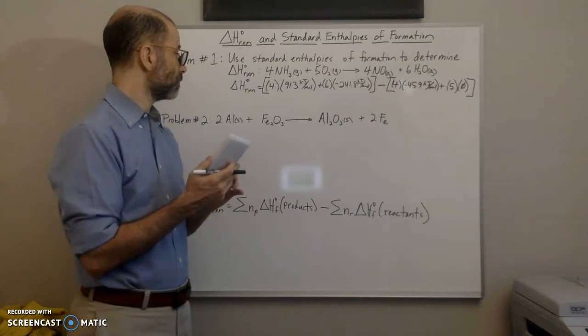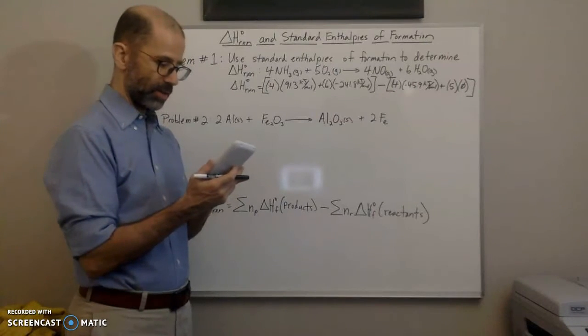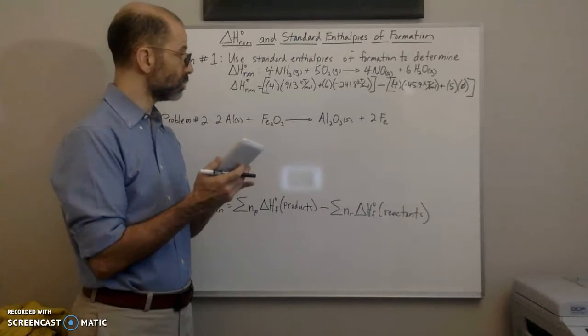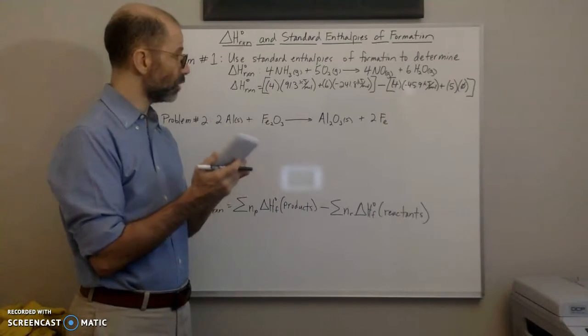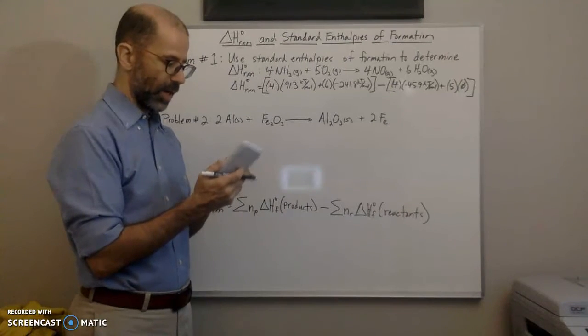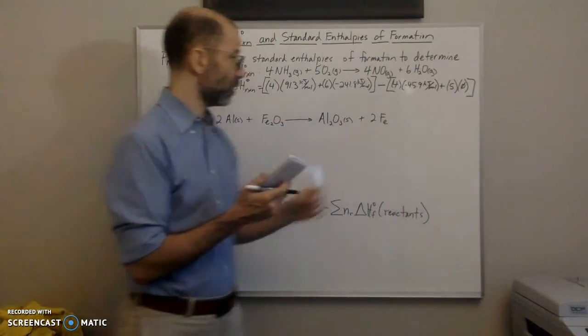Then we'll subtract from that 4 times negative 45.9, and then this is just going to be 0.